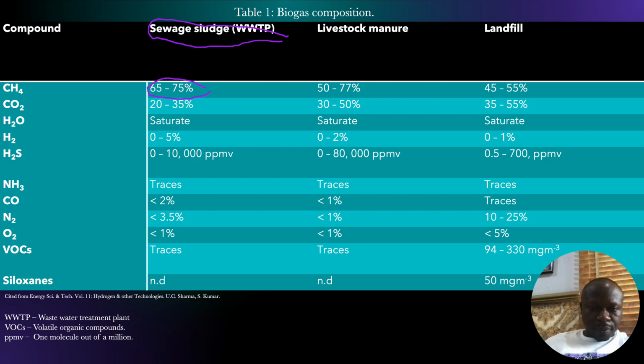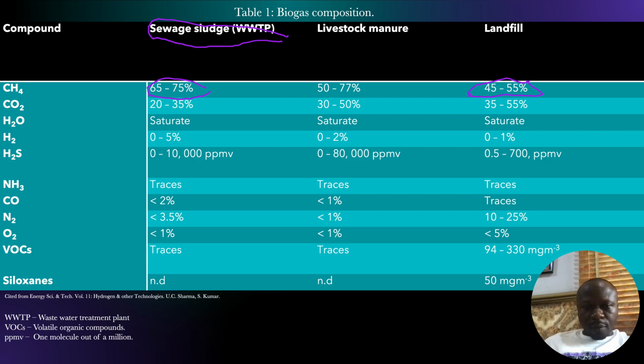Unlike if we use landfill, that gives you only 45% of methane. So what does this entail? It shows that the feedstock you use will determine the quantity of methane you produce.